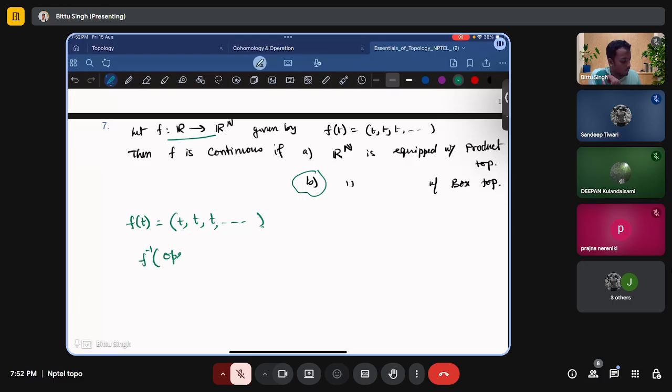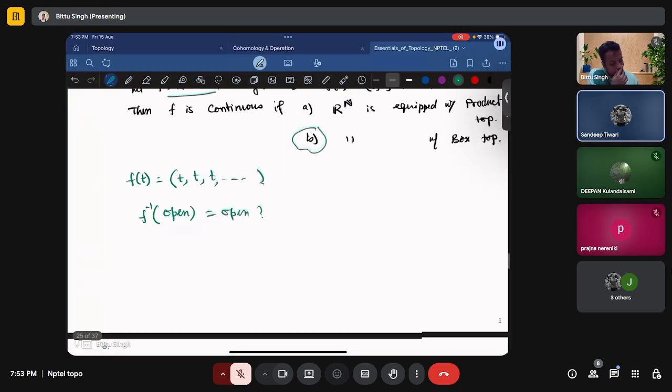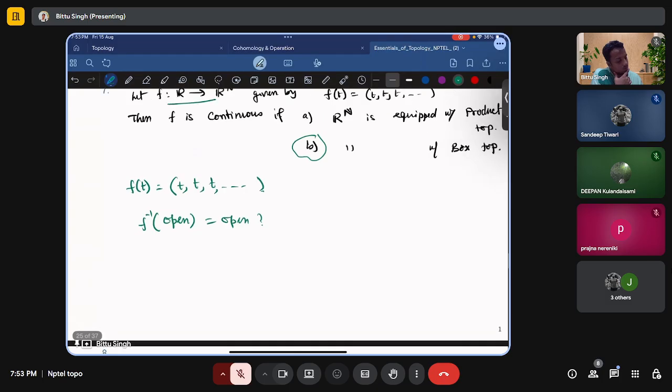We need to check this property. So what about the first one and what about the second one? Will it be continuous with respect to box topology? Sir, in the first one it is continuous, in the second one it is not. Okay, let us see why this is the case.